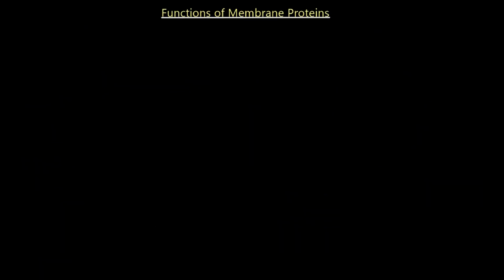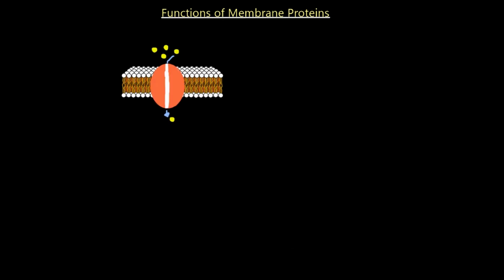All right, so now we're going to take a look at the functions of membrane proteins. And we're going to discuss one of them in great detail in this lecture. So first one right here is going to be the transport of molecules. As you can see, you've got the phospholipid bilayer, and this is the protein.